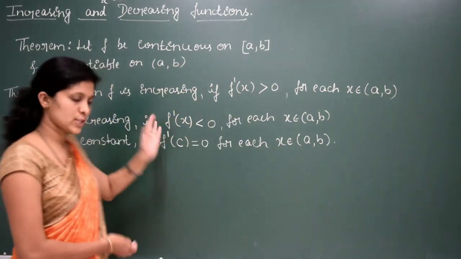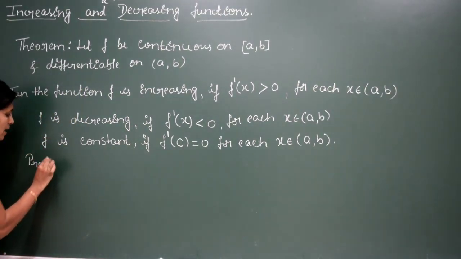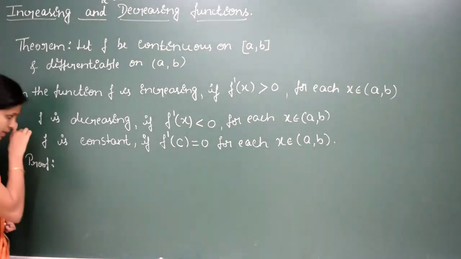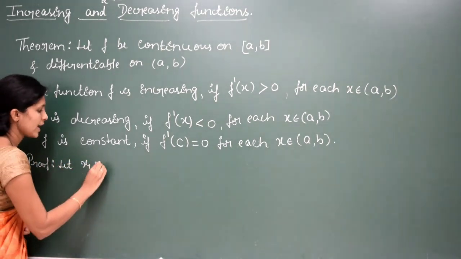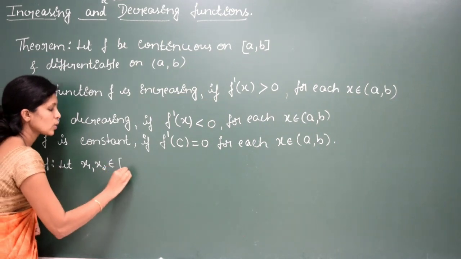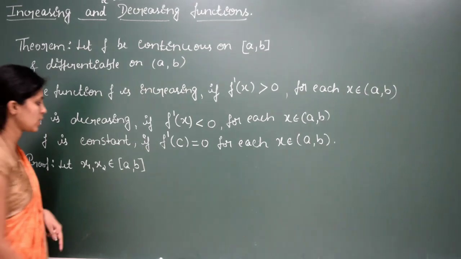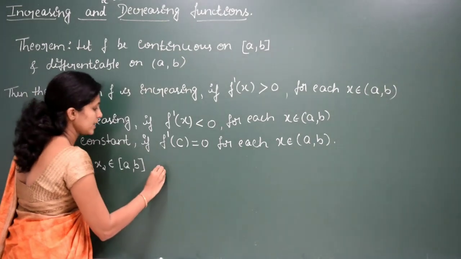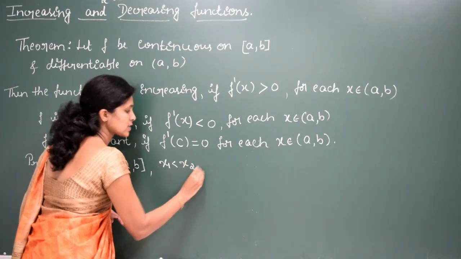We'll prove this one. Actually the proof is not important, but we'll prove one by using the mean value theorem. Let us consider that x1, x2 belongs to closed interval a comma b, and the value of x1 is less than x2.